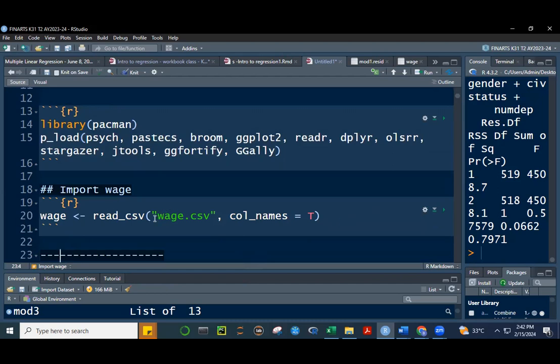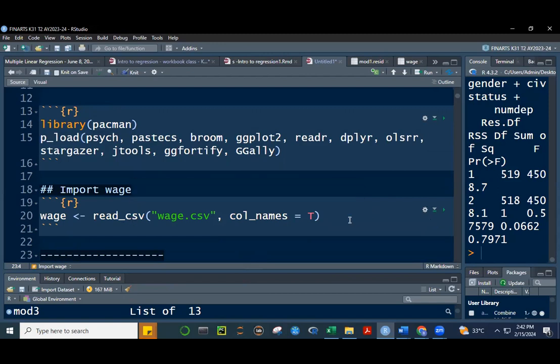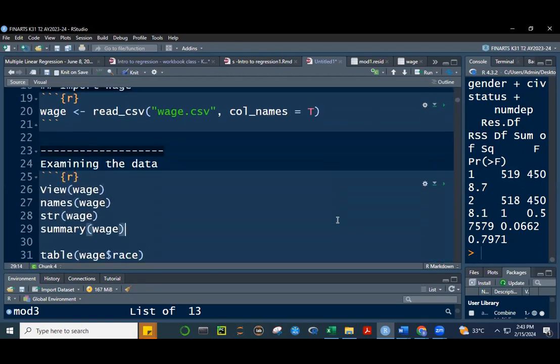And we said that it's important that you save the data set inside your R project, so that accessing and importing the data becomes a lot simpler, because you can just name the data and then load it instead of having to name the exact file location. Okay. Then we already examined the data.